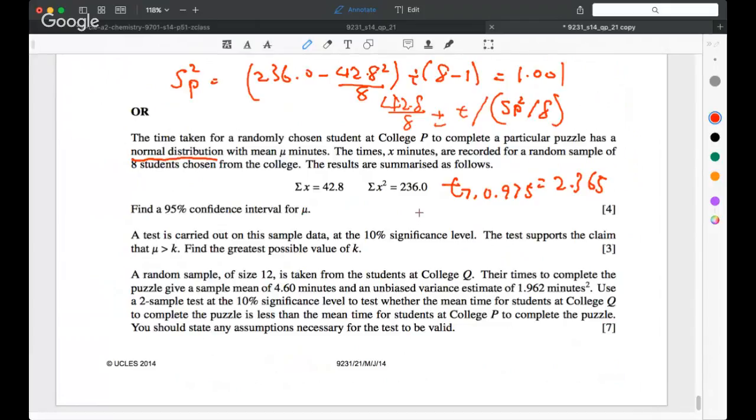So 5.35 plus or minus 0.84 is the correct confidence interval.